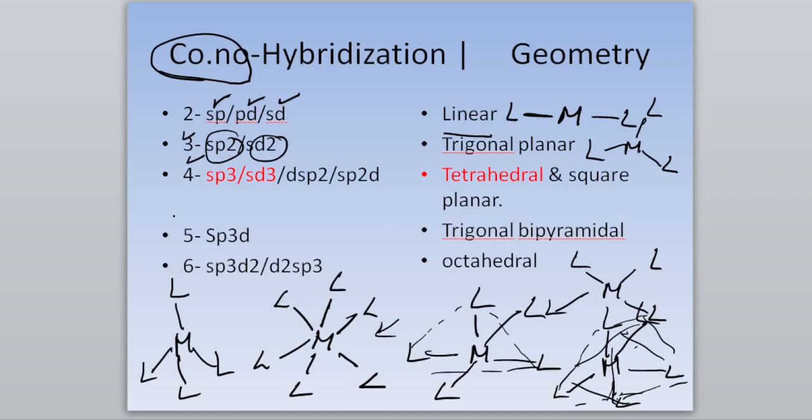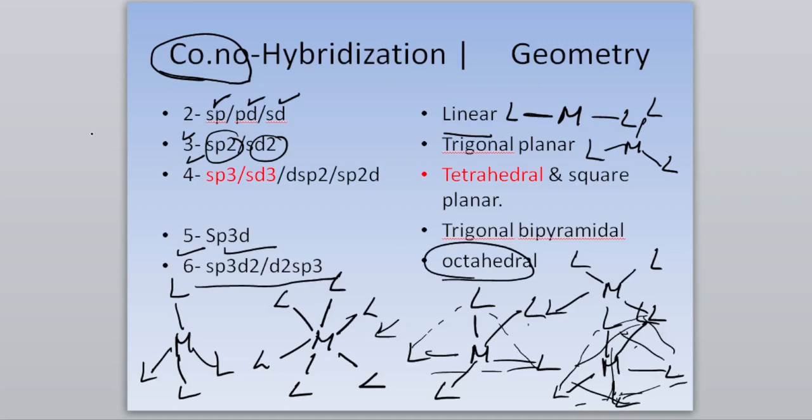This is in case of coordination number 5. So you can see 3, 4, 5. Here 6 coordination number. So in case of coordination number 5, the hybridization will be sp3d, and in case of 6, sp3d2 or d2sp3, and the geometry is octahedral.